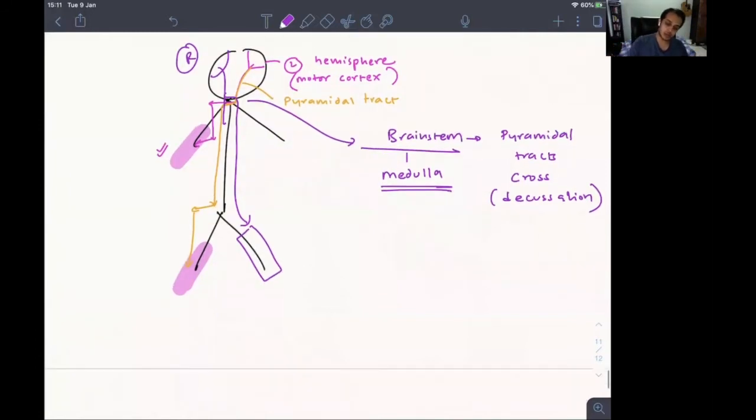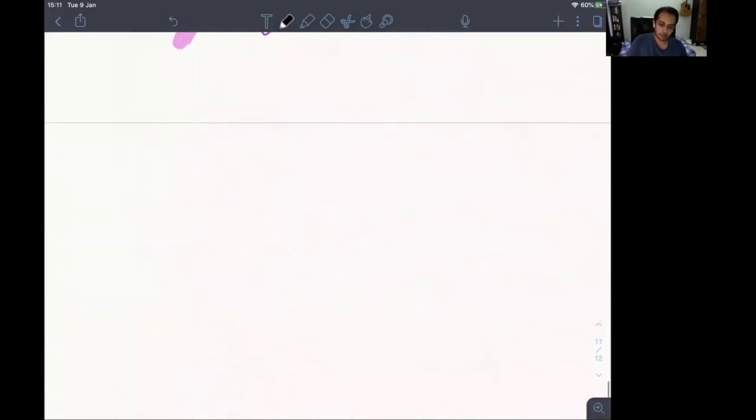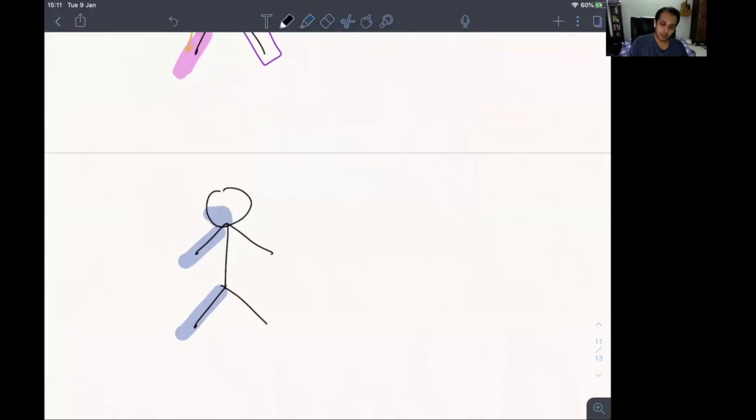Now, if we are considering that there is weakness on one side of the body and weakness of the face, then the pyramidal tracts have to be involved at some level above the highest level of weakness. Okay.